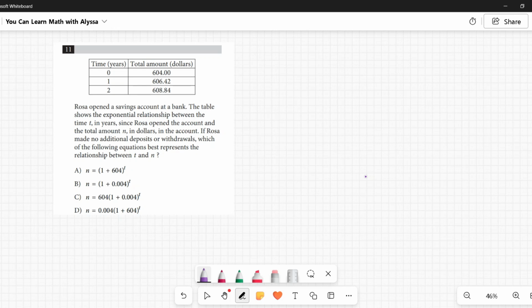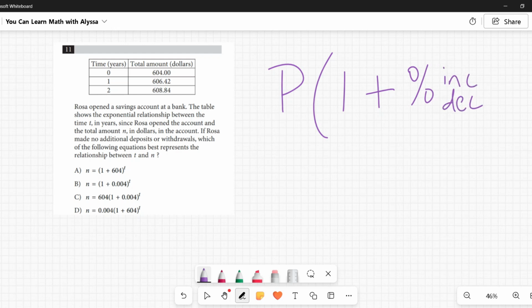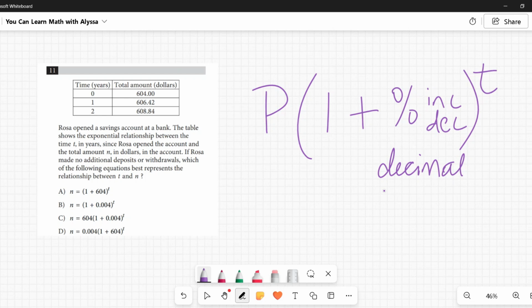It's going to be your principal, or your starting population, times 1 plus the percent increase or decrease, whatever that is. Usually write this as a decimal, to keep things nice and easy. And it's going to be to the power of time, the time intervals you're using.